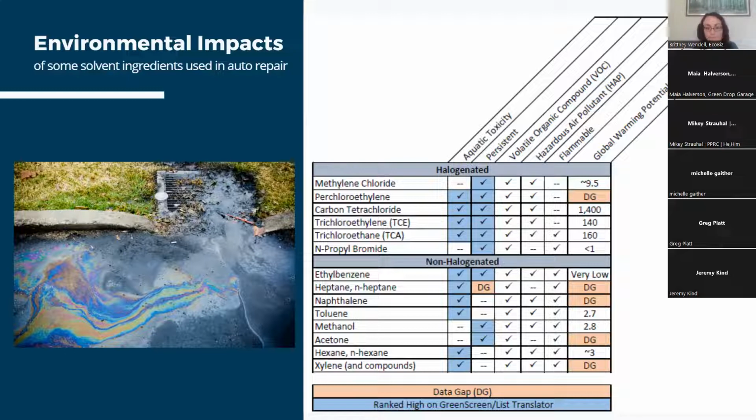Flammability, and then the global warming potential. So interestingly, carbon tetrachloride has a 1,400 times global warming potential in comparison to carbon dioxide. So certainly that's something we'd want to avoid at all costs. Plus it's one of the typical halogenated ingredients. I really haven't seen a lot of that particular chemical in the aerosols that I've looked at, the auto repair aerosols. Next slide, please.